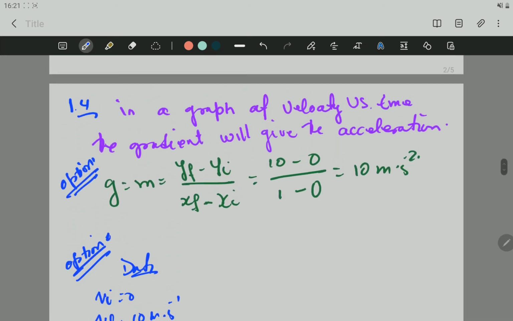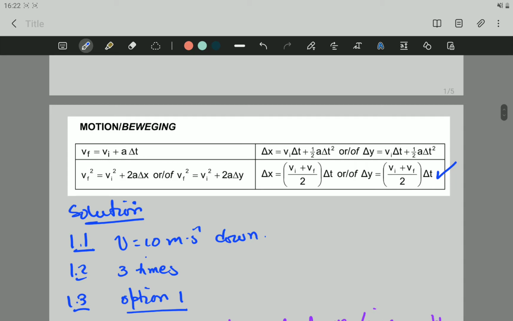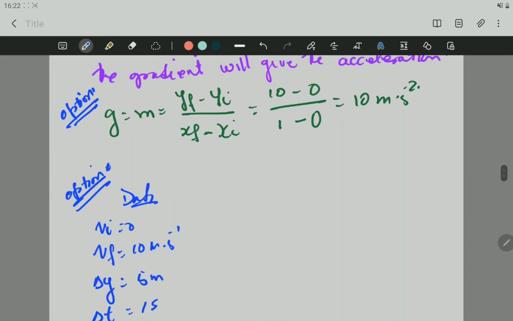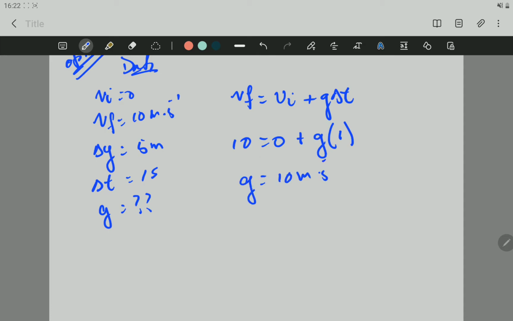Now we have all the information, so actually we can use any of the formulas which have acceleration. However, I think this one is easier, so we're going to use that one. Final velocity is equal to initial velocity plus acceleration multiplied by time. The final velocity is 10, the initial velocity is 0, plus acceleration multiplied by time, which is 1. When you solve this small equation, the acceleration is equal to 10 meters per second squared.